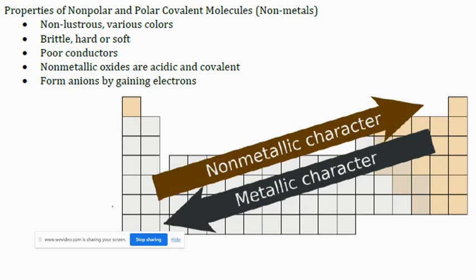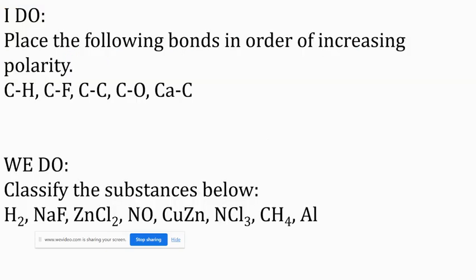They'll start to conduct a little bit of electricity. Their nonmetallic oxides are acidic and covalent. And again, we will get into why that is the case later on in the course. And then they're going to form anions by taking in electrons and becoming more negative.